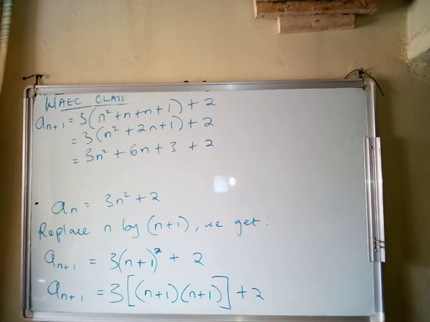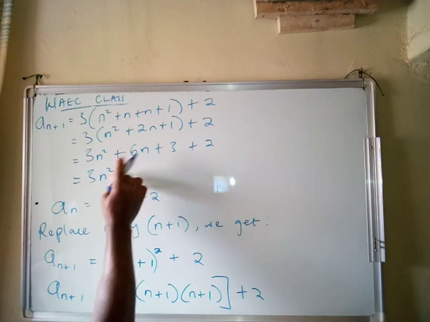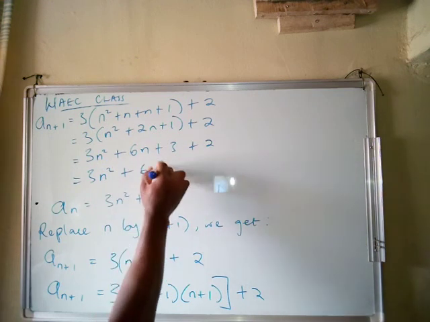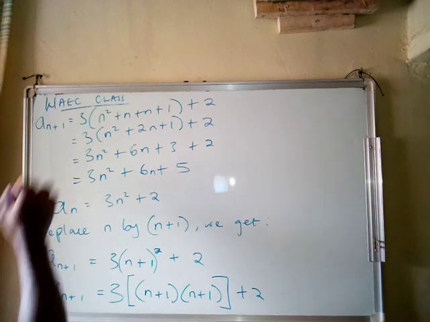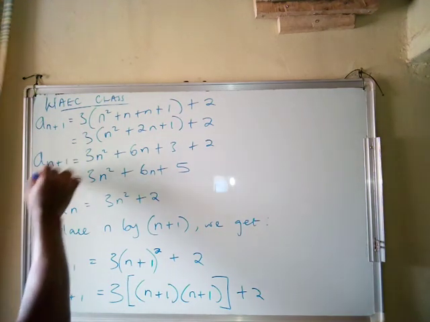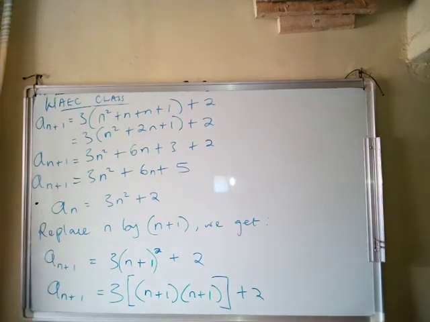Okay, so now you are going to have 3n squared plus 6n plus 5. This is 6n, please. So you have 3n squared plus 6n plus 5. You can bring down this; there's no hard and fast rule about that. You could always do it anytime.